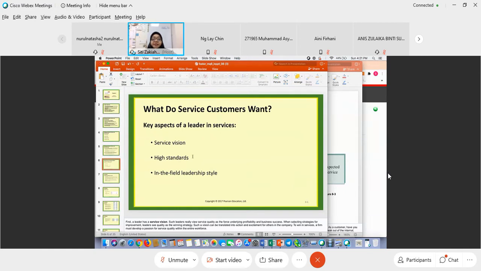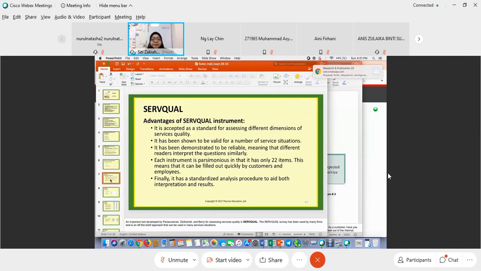They want the service vision, right? High standard in the field leadership. Okay, so when I say that it is different, how do you measure? How do you want to measure that a customer is happy with your service, right? You want to see how.